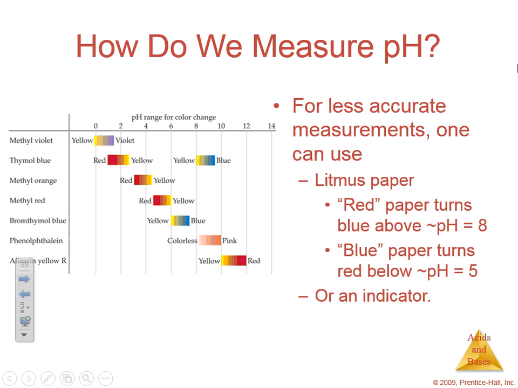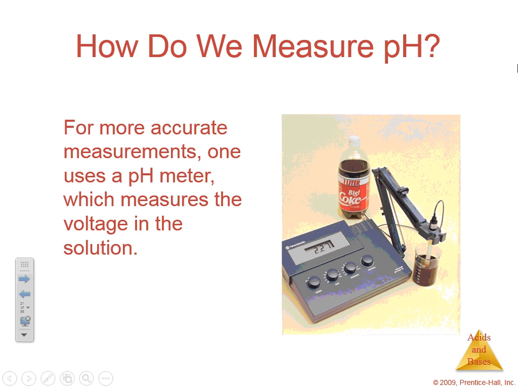An indicator changes color when it changes from an acid to a base, or base to an acid. We've also used the pH meter, which measures the voltage.